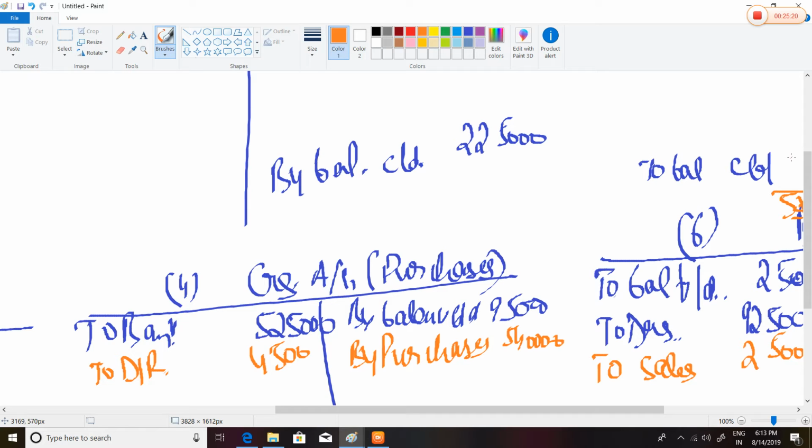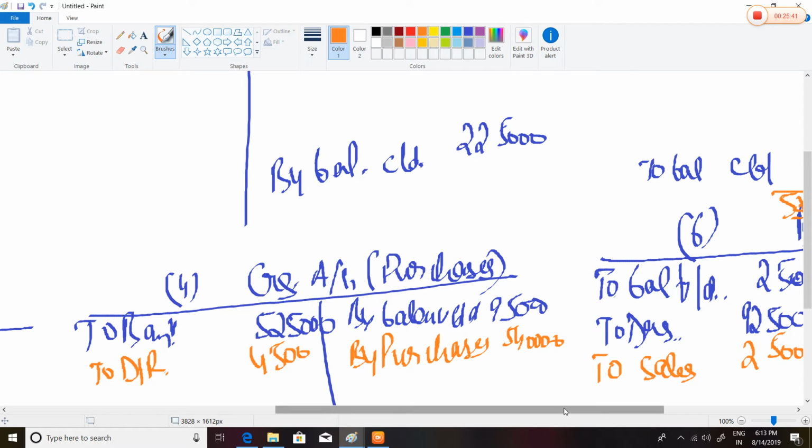Then depreciation is divided as follows: land building 5%, plant machinery 10%, and office equipment 15%. Other adjustments: on 1st October 2018, they sold machine having book value of 40,000 at a loss of 15,000. New machines were purchased on 1st Jan 2019.